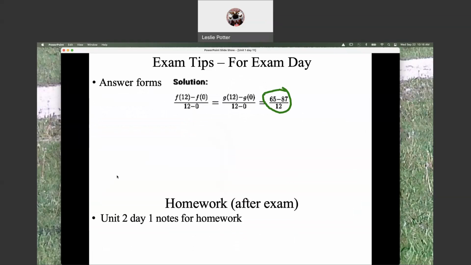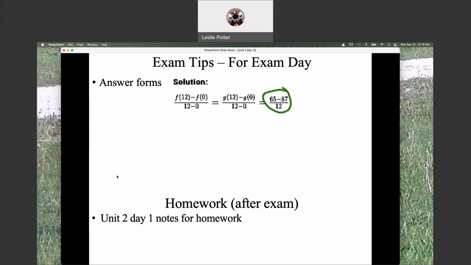So whenever you are not responsible for simplifying, let's say we were finding a limit, and let's say we were using direct substitution, and we came to the conclusion that in order to find the limit, all we had to do is take 65, subtracting the 87. You can actually leave the answer looking like this.